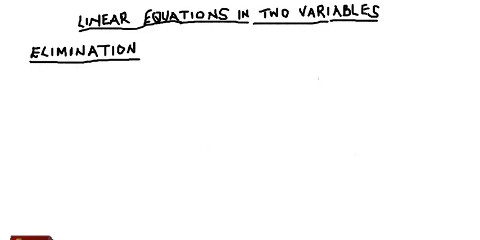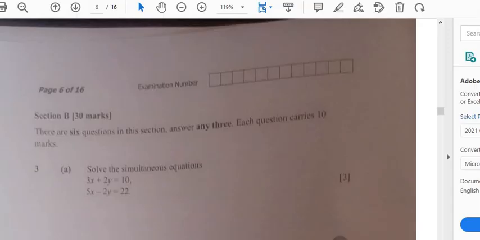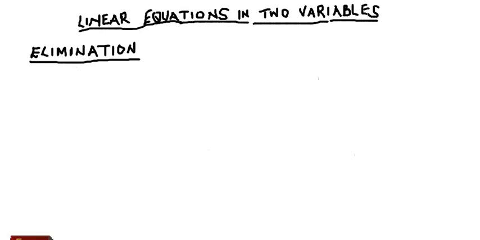So our equations are 3x plus 2y equals 10.